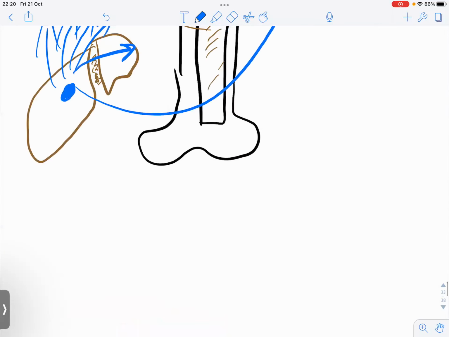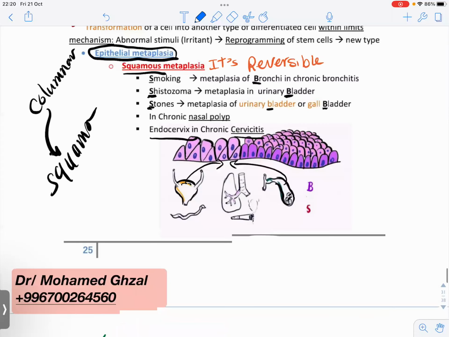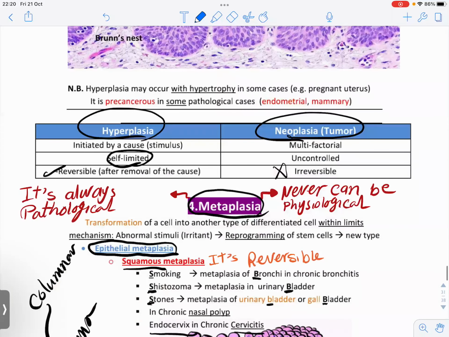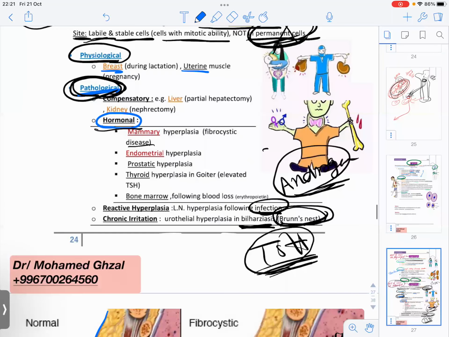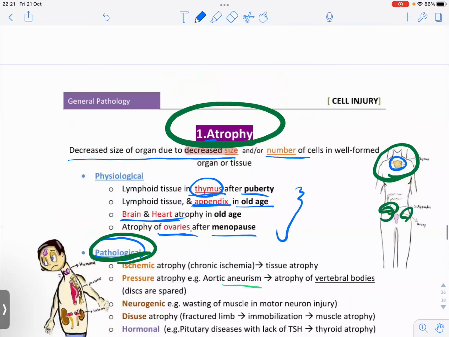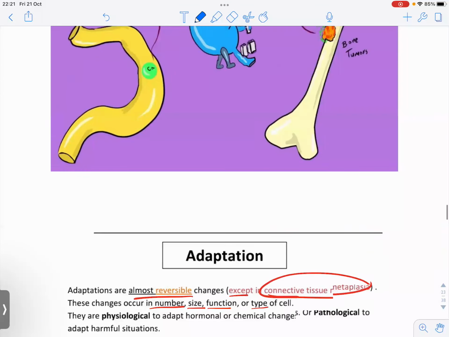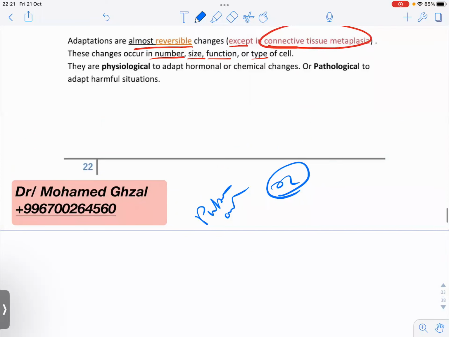I know it's a very big and long lecture, but don't worry, you have the recording, so you can watch it many times, and you have the PDF. So here we say that in adaptation, the cell will adapt due to some changes in your body.